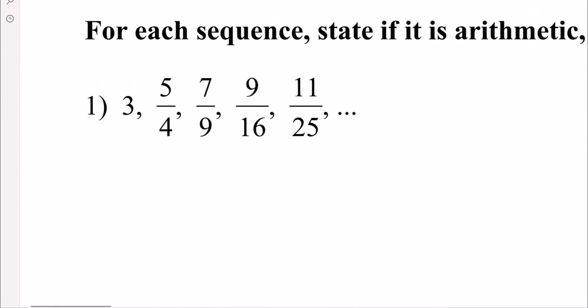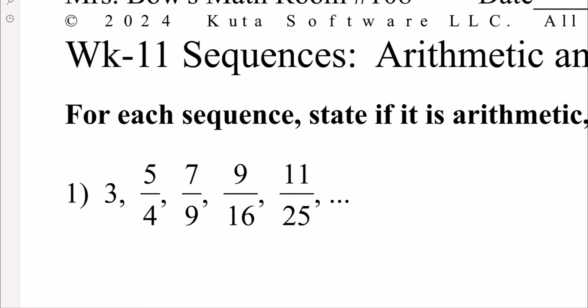All right, so I'm going to pause this for just a second. Okay, so for this sequence, 3, 5/4, 7/9, 9/16, 11/25. We first want to find out if it's arithmetic, so we do repeated subtraction.